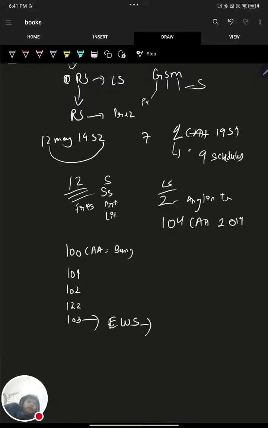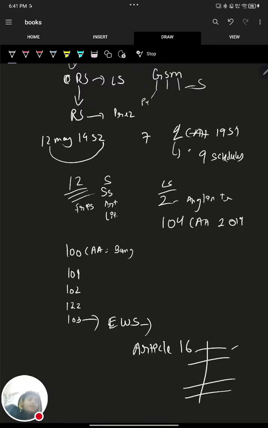These communities get some relaxation in government jobs from Article 16. Article 16 has four clauses. First, there should be equal opportunity of work. The second is that there will be no discrimination on basis of caste, sex, gender, descent, place of birth and all that.